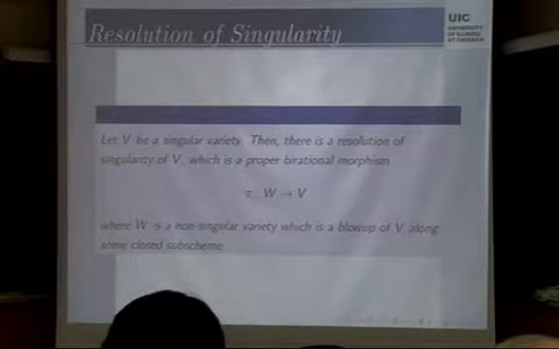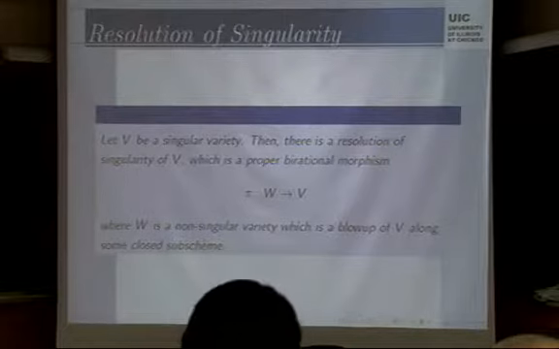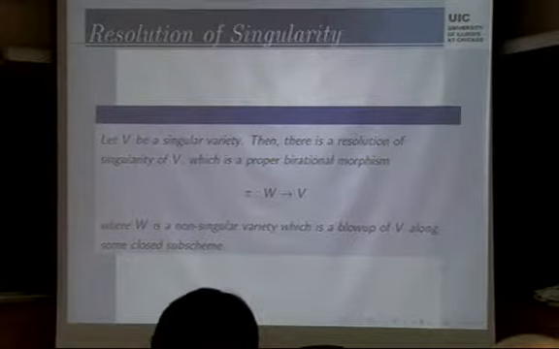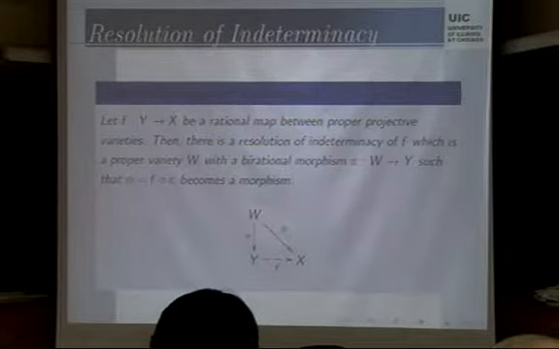So we use some theory from algebraic geometry, called resolution of singularities, which says that if you have singular varieties, then we have a birational map from a non-singular variety to the singular variety, which has a corollary called resolution of indeterminacy.